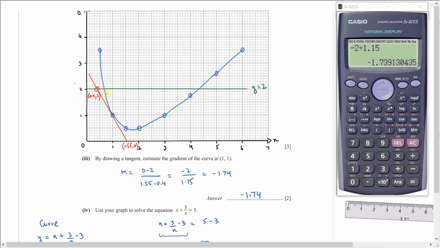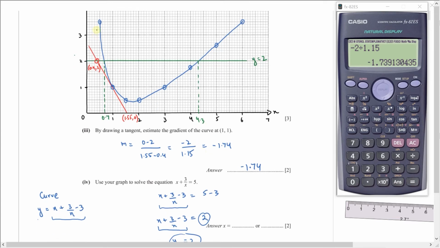So the first value is this one, 0.7, and the other value is this one, which is almost 4.3, I believe. So yeah, this one is 4.3. So when x is 0.7 and when x is 4.3, the y value of this curve is 2.